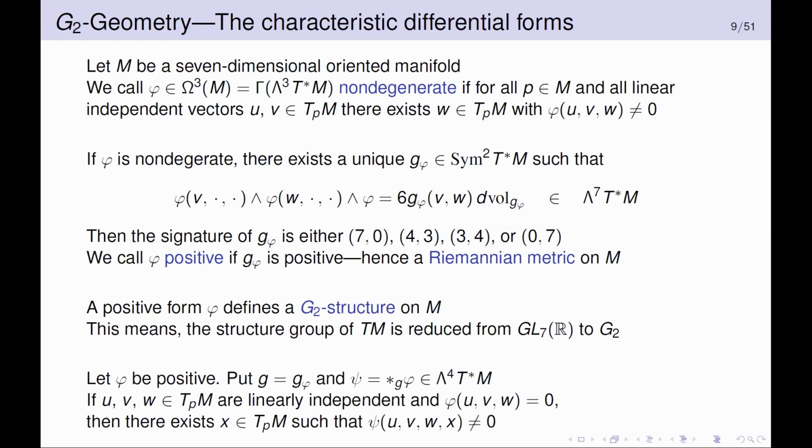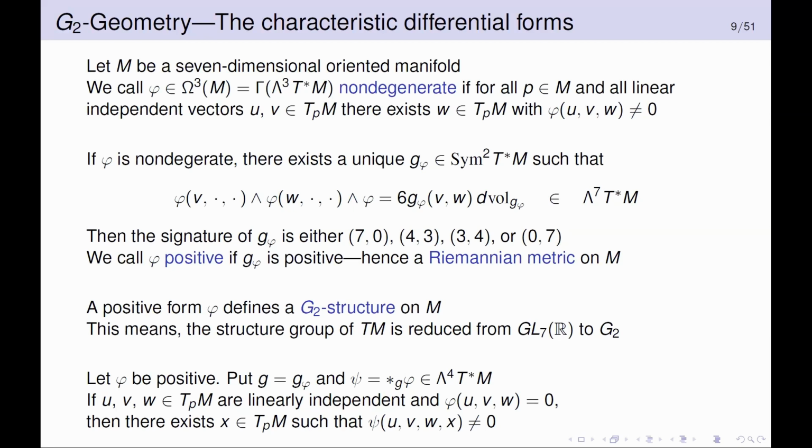And there's another form I should mention. So if phi is positive and you have the metric, you can take the Hodge star of phi. That's the 4-form, and if you haven't seen it, that's the geometric way of doing Poincare duality. So you have a 4-form now, and this 4-form isn't quite non-degenerate.